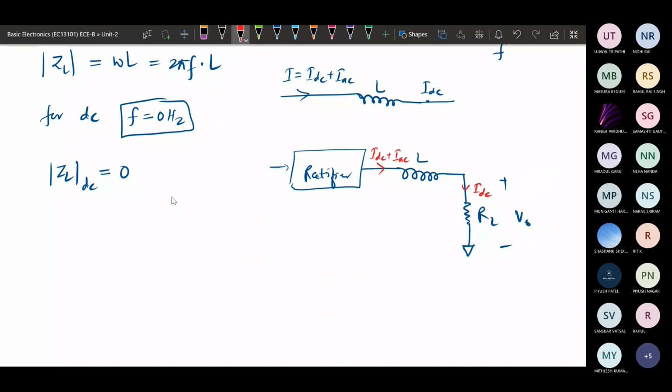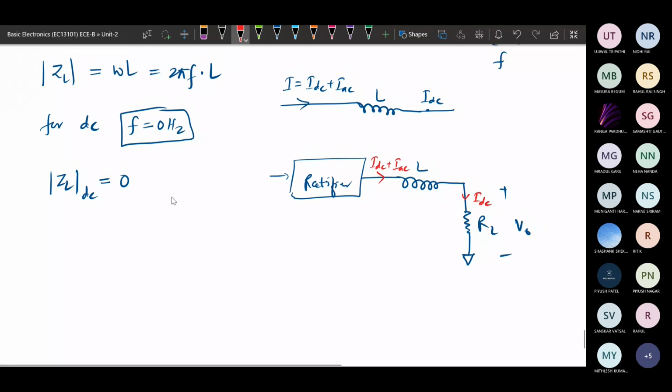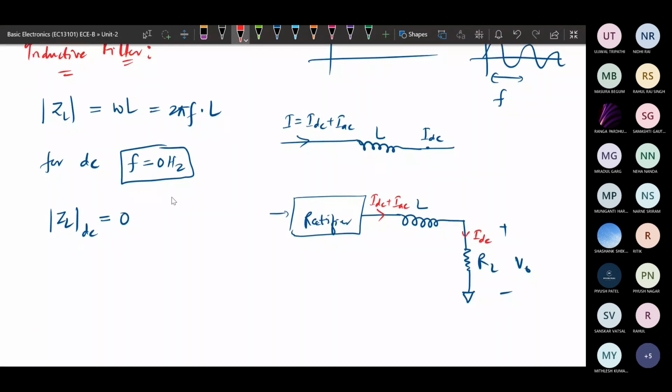The rate of conversion, or the efficiency of this filter circuit, depends on the different L and RL values, and we can get better efficiency by considering more complex circuits. We will not go through those complex circuits in this discussion. We will just take an overview of how the filter circuit works.